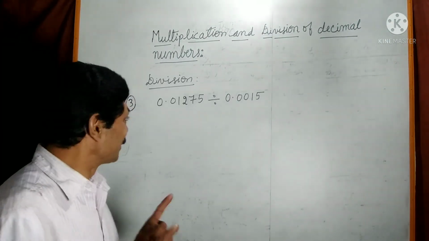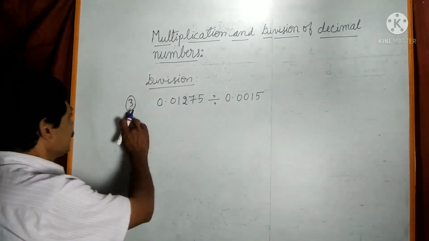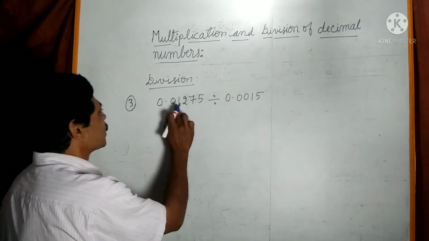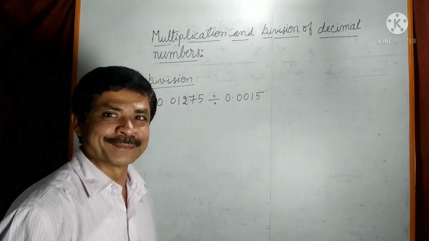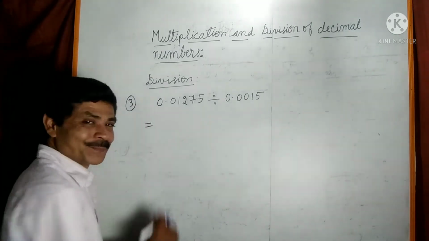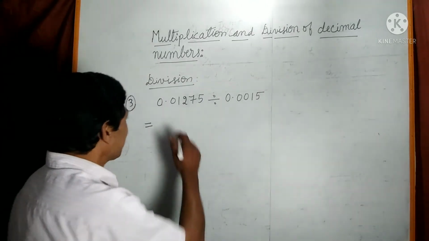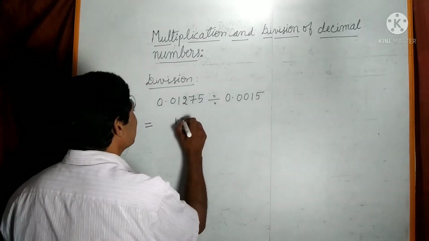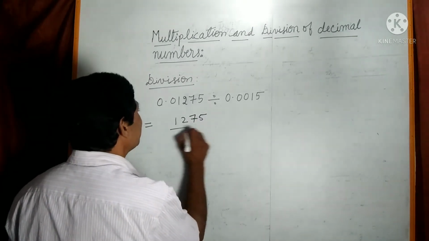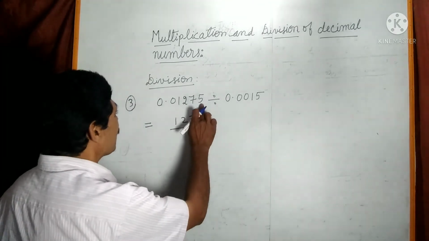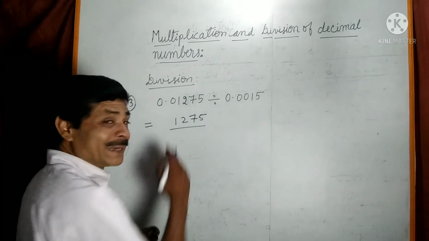Finally, we will take one more example to understand the concept better. Third question, 0.01275 divided by 0.0015. This is equal to, as usual, we will remove the decimal point and write the number 1275 divided by, now here 1, 2, 3, 4, 5 digits are there in the decimal part.